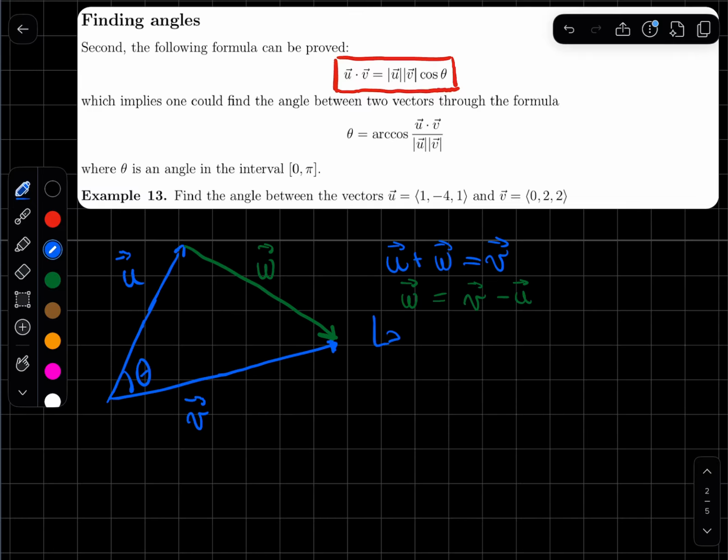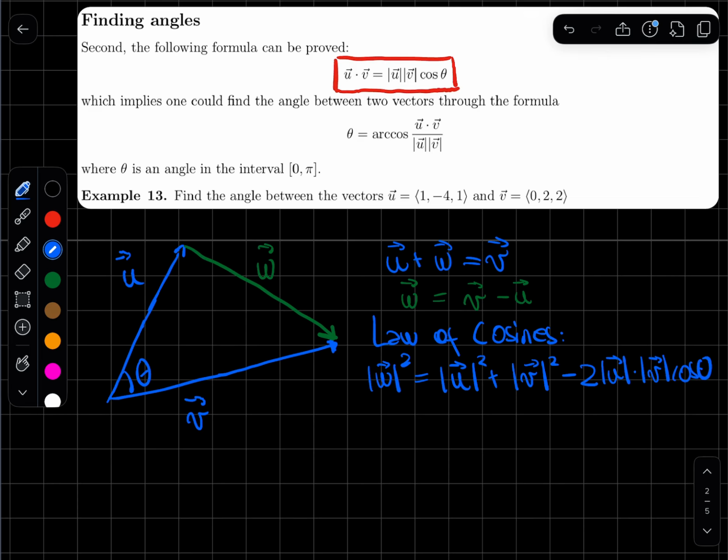If you use the law of cosines on this triangle, I'm trying to make the cosine show up, right? The law of cosines tells me this. Magnitude of w squared equals magnitude of u squared plus magnitude of v squared minus 2, and then magnitude u, magnitude v, cosine of the angle.